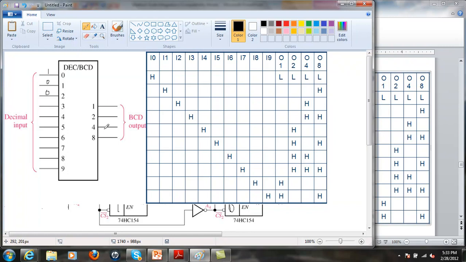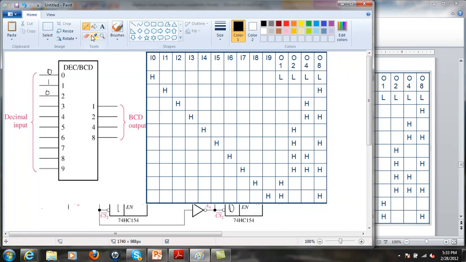These are all going to be 0. Now as this goes to a 1 here, now I get a 1, and then so on.